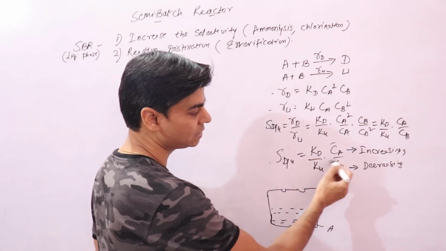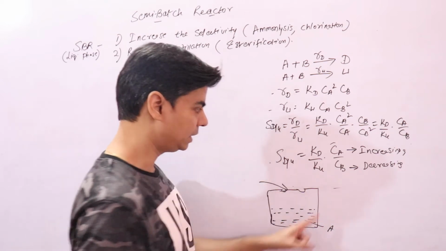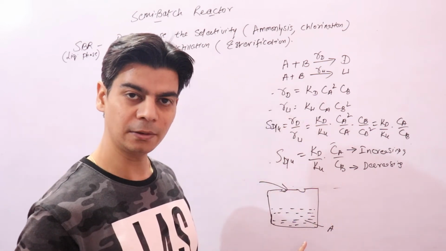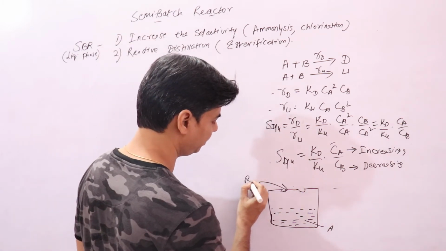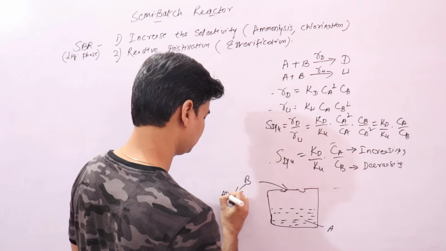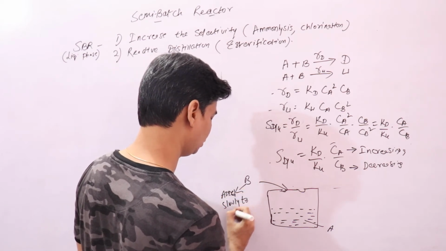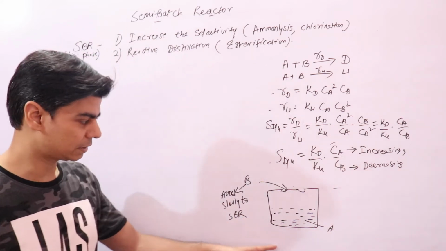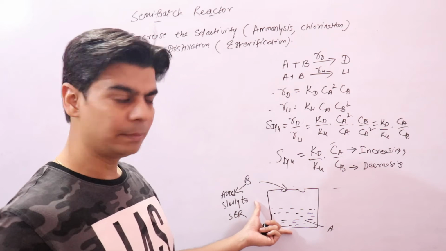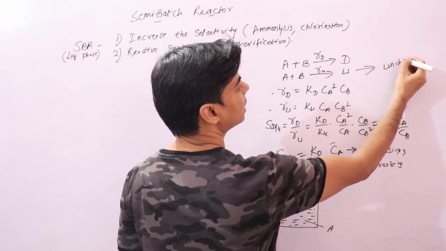So you can decrease the concentration of B by slowly adding reactant B to the reactor that already contains your reactant A. So your B is added slowly to your semi-batch reactor. Using this technique, or using this reactor, you can minimize the rate of the reaction that is giving you an undesired product.